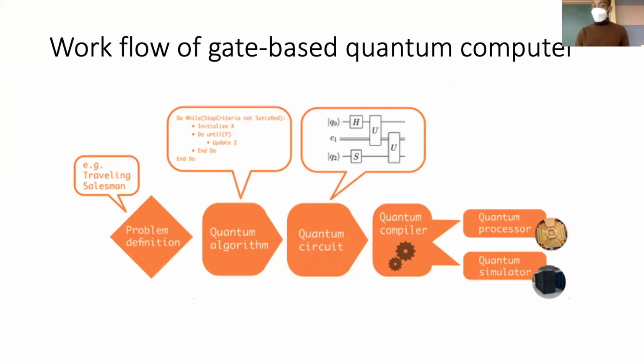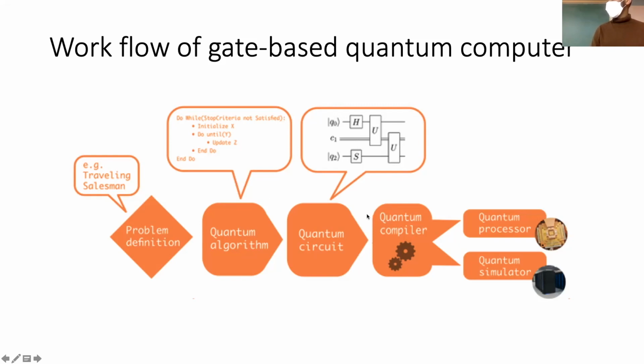So this is the general workflow of gate-based quantum computers. For example, if you have a problem, like you might be solving the traveling salesman problem, we write a quantum algorithm for that. There will be a description of this quantum algorithm with a circuit-based model. Then we have the quantum processors, which might be of different architectures.